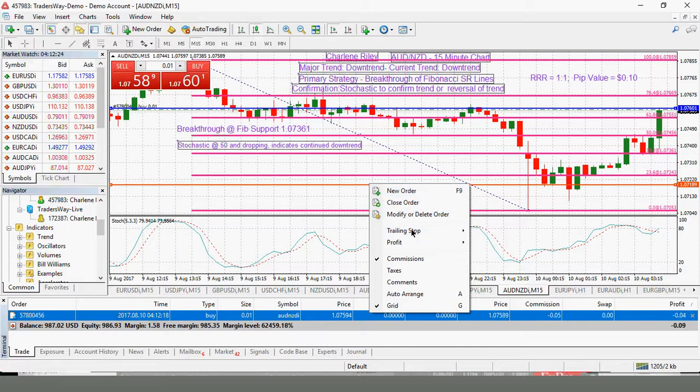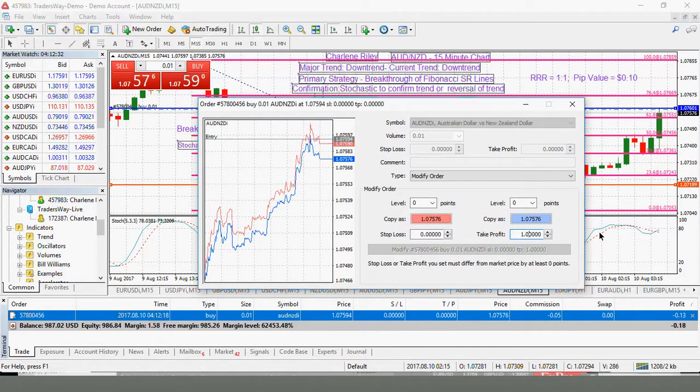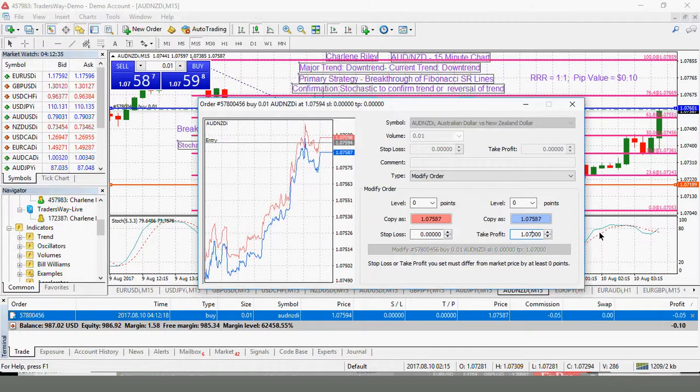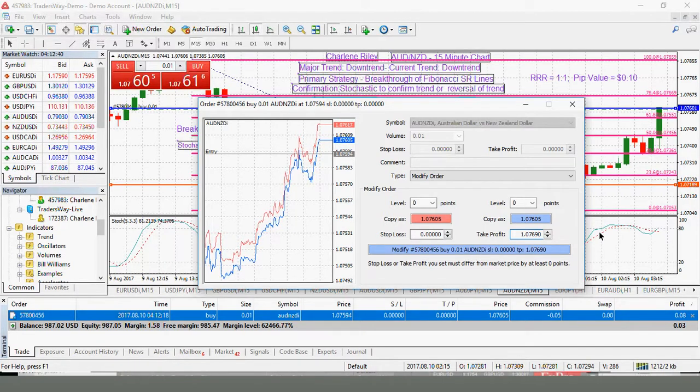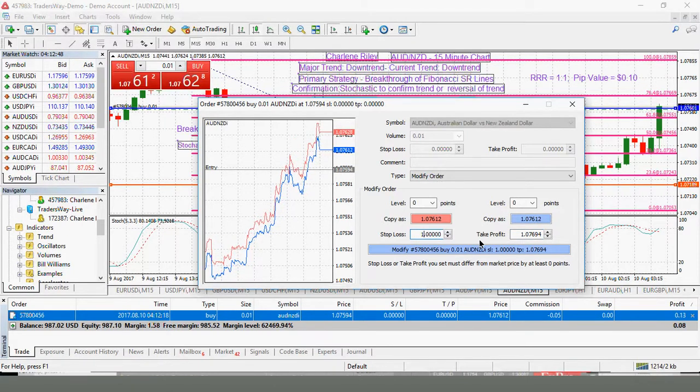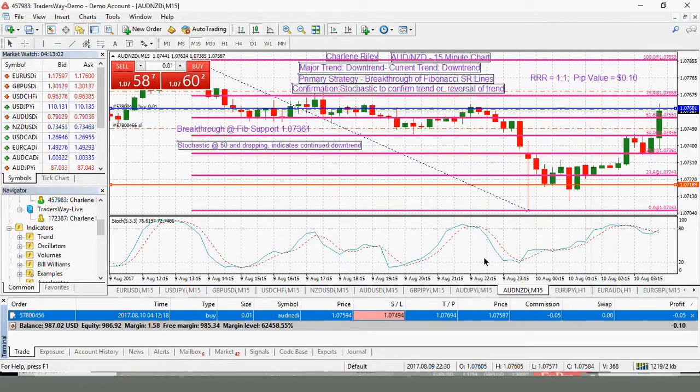I am going to set my take profit at 1.07694 and set my stop loss at 1.07494. So that's 10 pips up, 10 pips down.